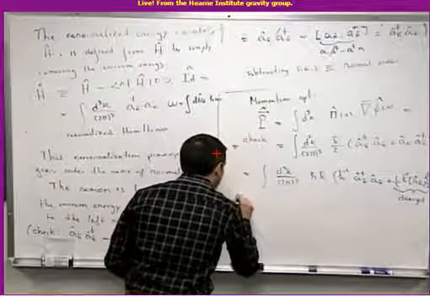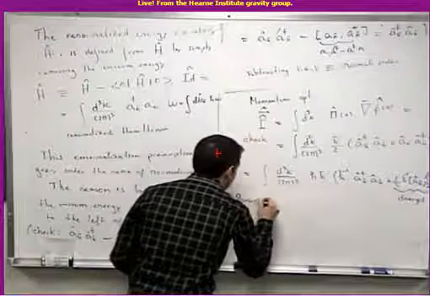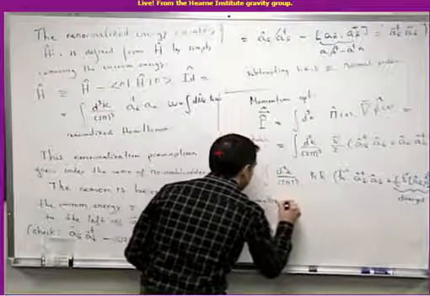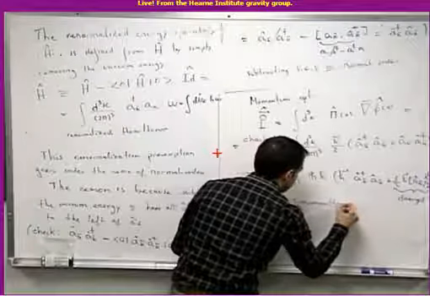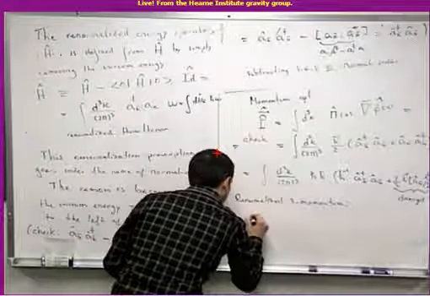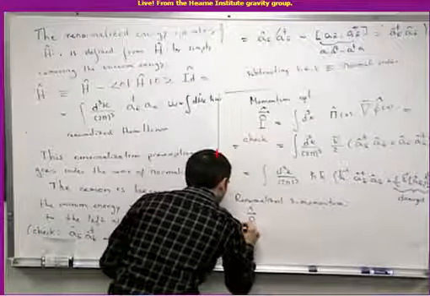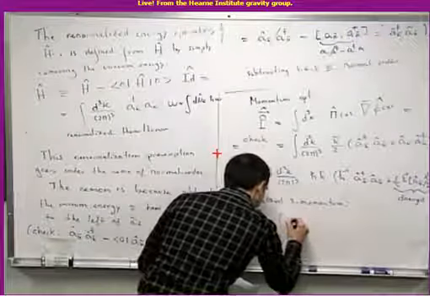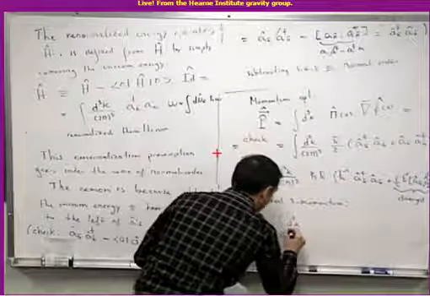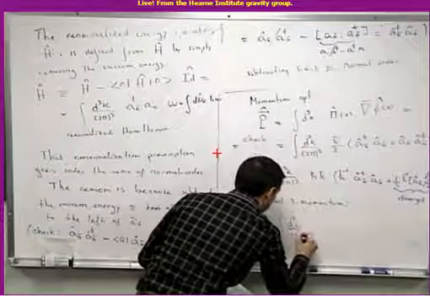So the renormalized 3 momentum is just given by doing the normal order of this operator.